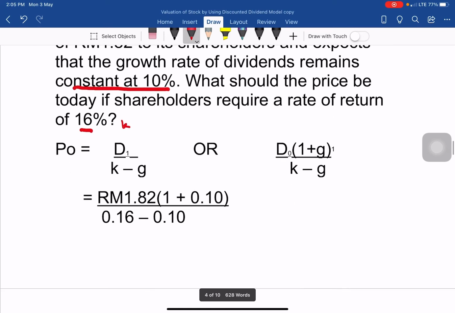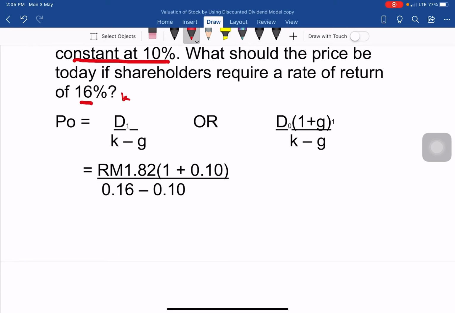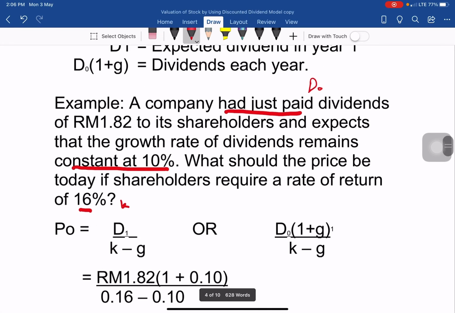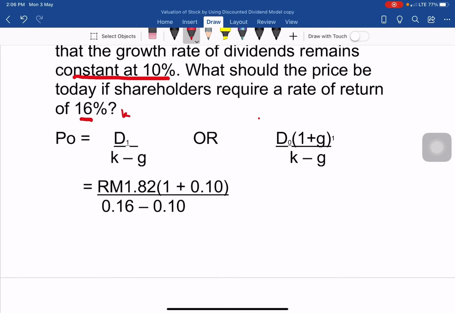Alright. Okay, so to calculate, P0 is equal to D1 over K minus G, or D0 times 1 plus G power of 1. Because they gave us D0 earlier, we are going to use this one. So the D0 is RM1.82 times 1 plus G, 10%, 1 plus 0.10, divided by K 0.16 minus G 0.10.